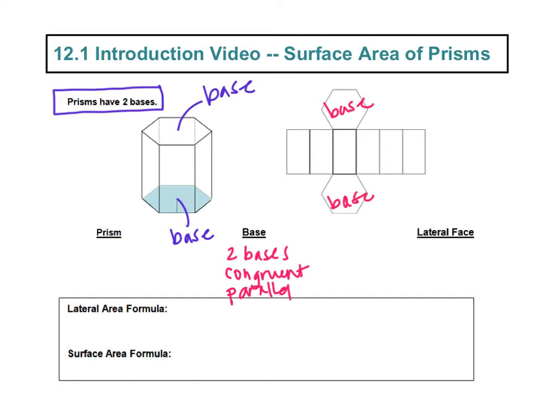Then we have these things called lateral faces. Those are the sides of your prism that are not the bases. So all of these sides going around right here are called lateral faces. The lateral faces are all parallelograms.